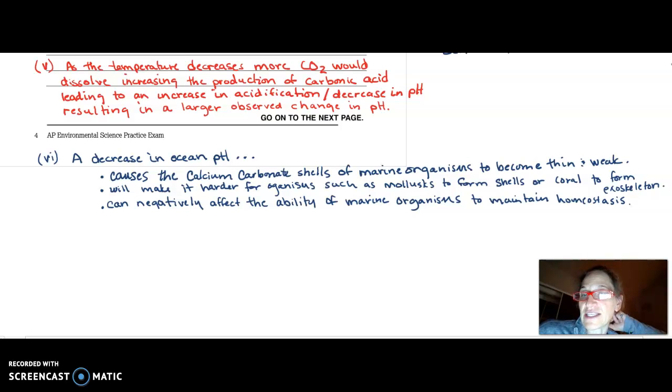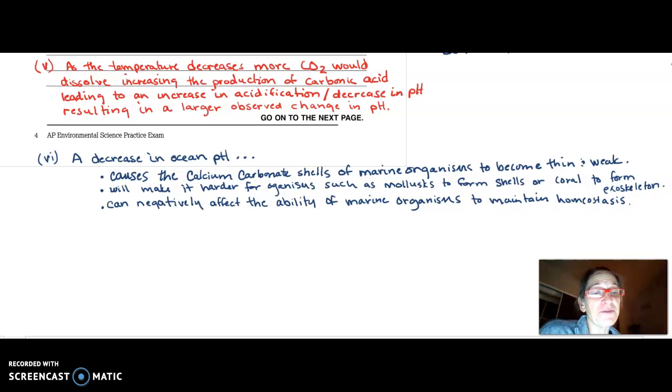You could say a decrease in ocean pH will make it harder for organisms such as mollusks to form shells. Or a decrease in pH will make it harder for organisms such as coral to form exoskeletons. Any organism that you know forms a shell out of calcium carbonate, you could talk about it.